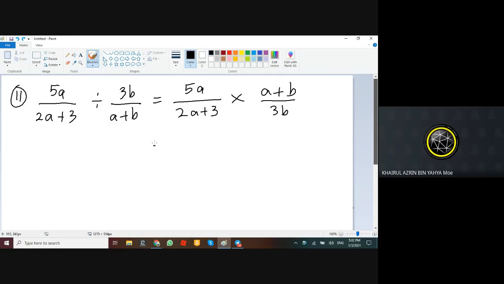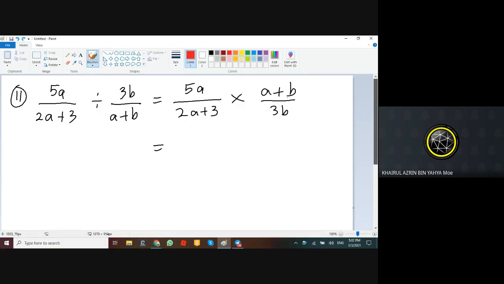Okay. So this one, we cannot eliminate anything. Nothing common here. Remember, A and A here, you cannot eliminate. Same goes here. B and B here, you cannot eliminate.